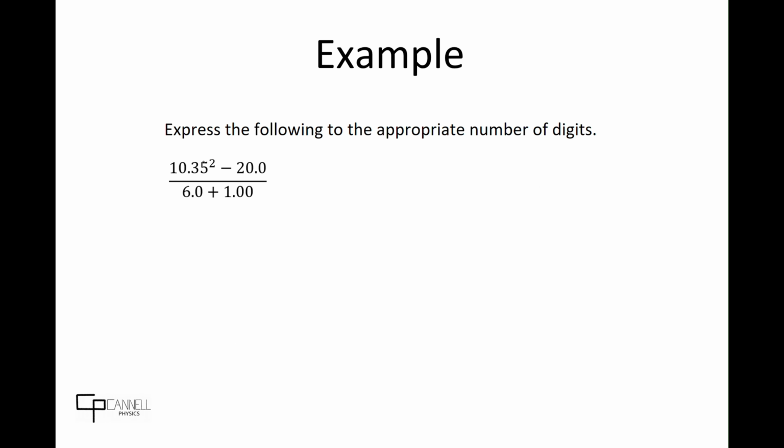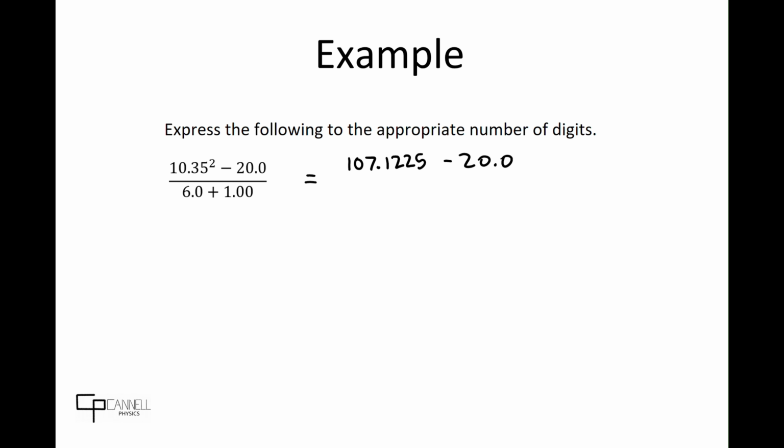Here we have 10.35 squared minus 20.0 divided by 6.0 plus 1.00. We'll just deal with one thing at a time and it will make it a lot easier. So we're trying to get the answer but express it to the appropriate number of digits. So 10.35 squared, if we put that in our calculators, we will get 107.1225 as the full number.